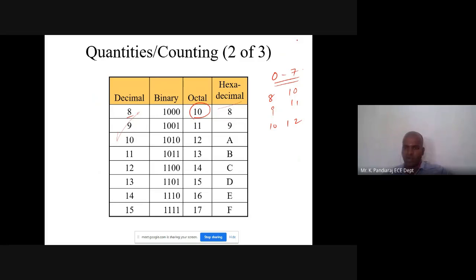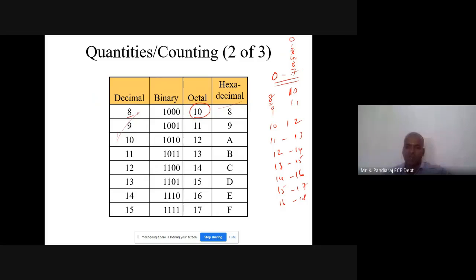The first position value increases in the proper ascending order. First it starts from 0, 1, 2, 3, 4, 5, 6, 7, and for number 8, the next digit has value 1, and the first digit starts again from 0. Number 11 is represented as 1, 3, 12 as 1, 4, 13 as 1, 5, 14 as 1, 6, and 15 as 1, 7.